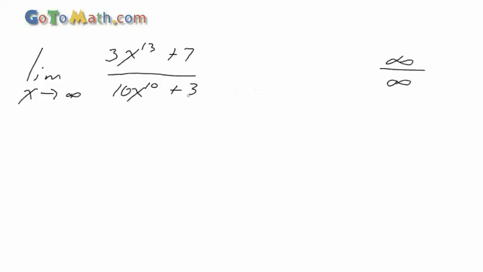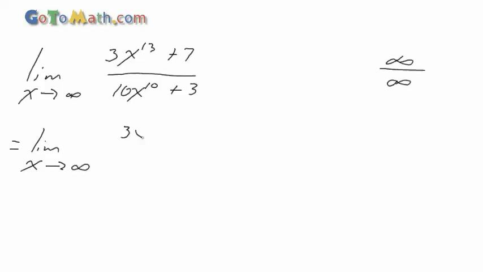Now, we follow the same pattern. I should say we do the same rule. We're going to look at the denominator, look at the leading term. So we have x to the 10th. So we're going to divide everything by x to the 10th and see what happens.